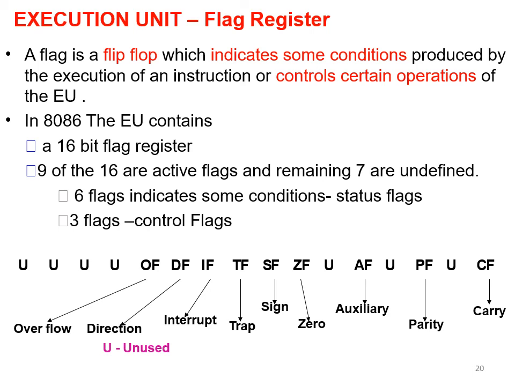So seeing the flag bits, we will understand what the outcome of the previous instruction was, so that accordingly you can go for the next step. And there are 3 control flags also, like trap flag, interrupt flag, direction flag, etc.